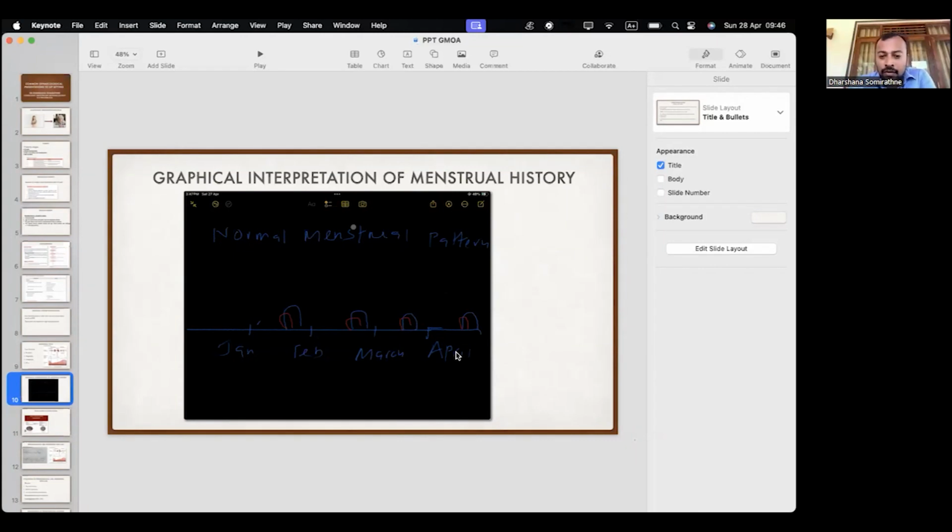If you can draw it, you can understand very well the physiology and the pathology behind this abnormal uterine bleeding. I will show one by one, for adenomyosis and then fibroid, how these graphical representations vary.